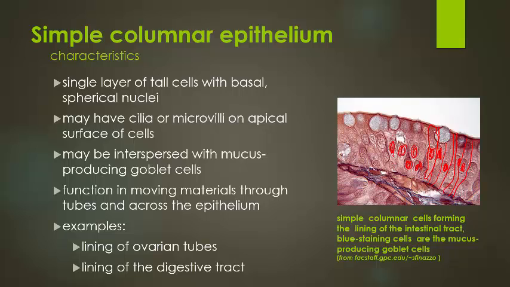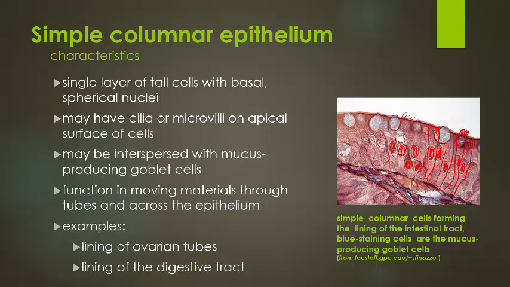And because we're looking through multiple layers of cells, it's difficult to get a slice where you can see just a single layer of cells. We're also seeing some of the nuclei shining through from the deeper cells. Up here on the apical surface, they can have cilia, or we may see microvilli.